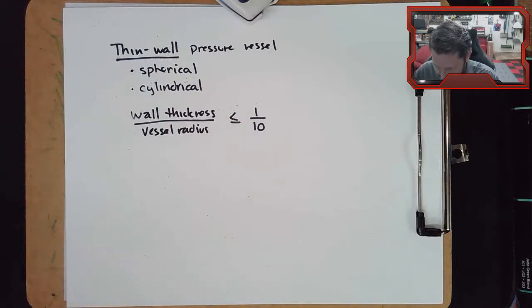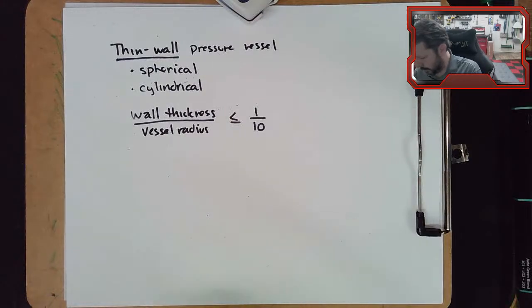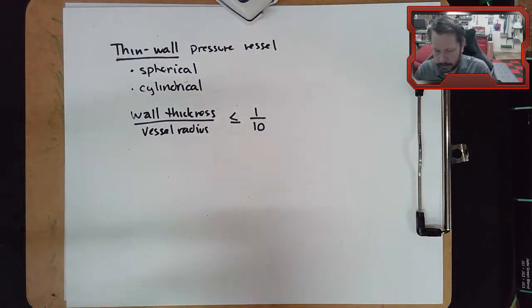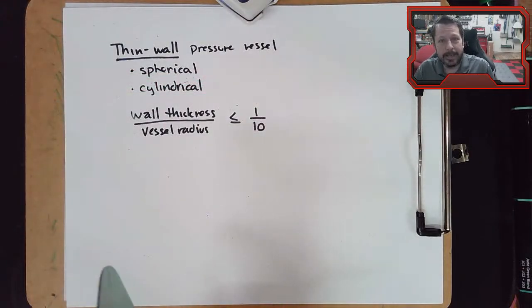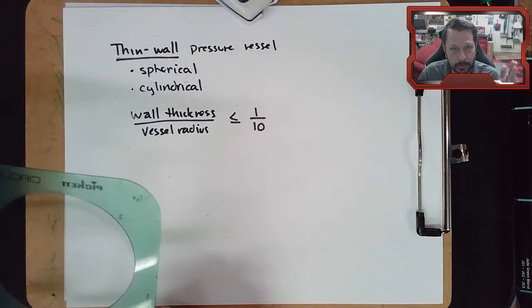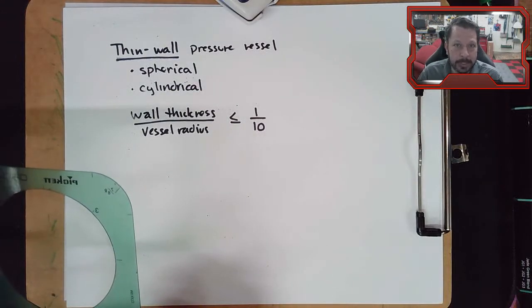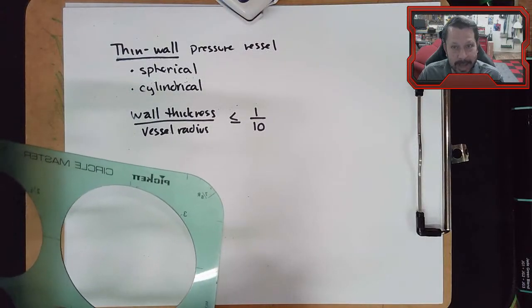So let's draw us some pictures and see if we can make some sense of this. Let's start with the spherical pressure vessels, and let's just imagine slicing a basketball through its diameter. So basically cutting it exactly in half.